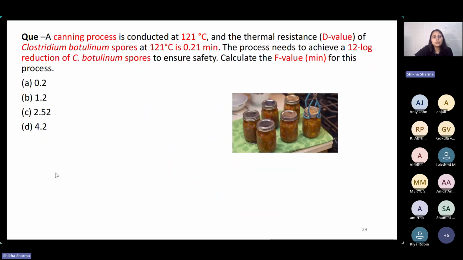We are moving to the next question, which is also a numerical type question about the canning process.